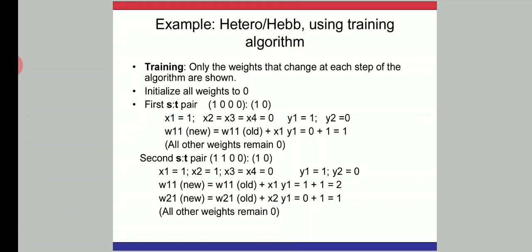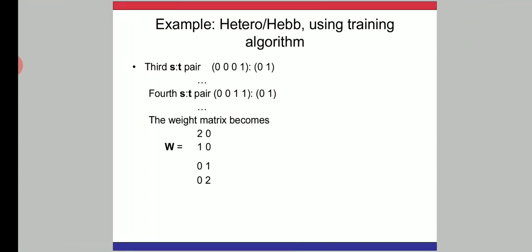This is your w11 new, 2. w21 new কিভাবে বার করব? w21 old plus x2 y1, এইভাবে আমি পেলাম 1. একই রকম ভাবে we will calculate third pair, we will calculate fourth pair, and the weight matrix becomes 2 0 1 0 0 1 0 2.